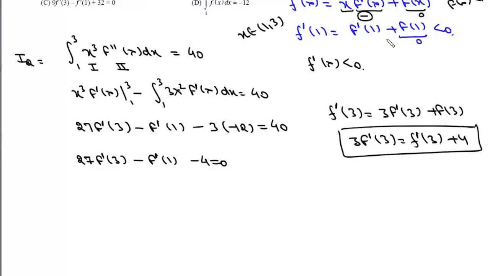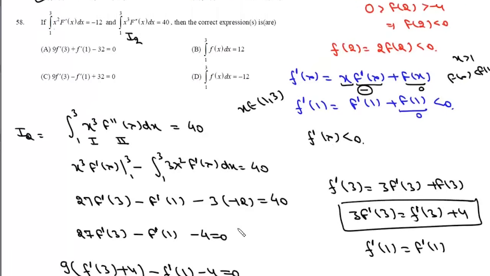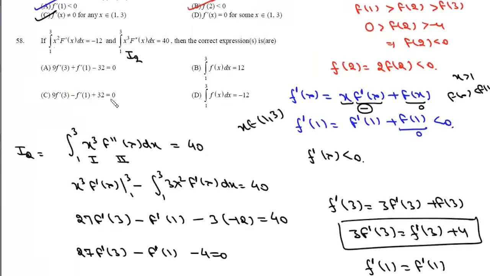And we already know f(1) is equal to F'(1). So now we'll substitute. So we can write this as 9 (f(3) plus 4) minus f(1) minus 4 equals 0. So it will be 9 f(3) minus f(1), and this is 36 minus 4, and it will be 32, equals 0, which is 9 f(3) minus f(1) plus 32 equals 0, and that's your option C.